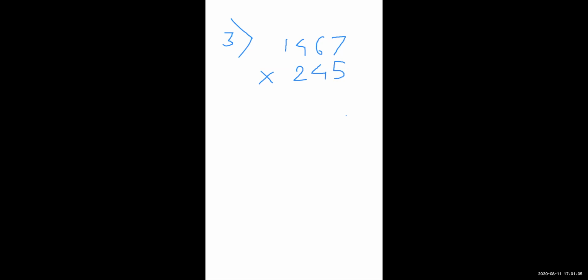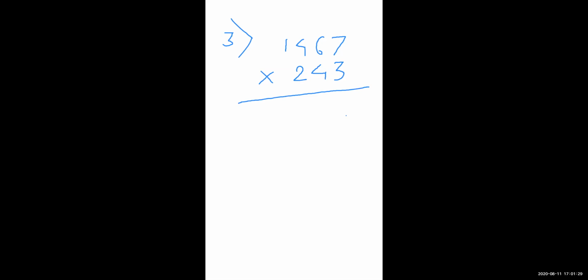Sorry, we will change the digit to 243. Okay, so let's start to multiply the example. Look, there are two numbers. First is 1467 and the second one is 243.